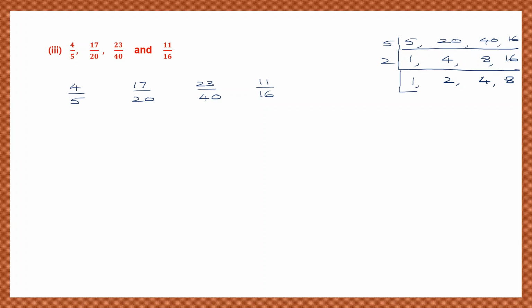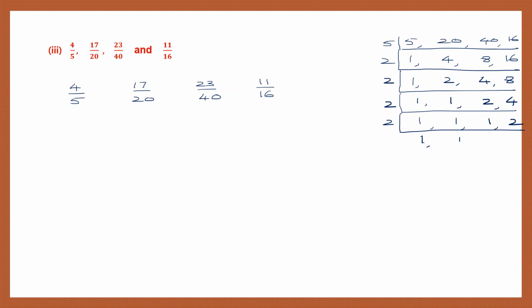We can continue, we can use 2 again. So 1, 2 1s are 2, 2 2s are 4 and 2 4s are 8. Continue again with 2. So 1 and 1, then 2 1s are 2, 2 2s are 4. We still have 2 left there, so let's do it with 2 this time. 1, 1, 1 and 2 1s are 2.